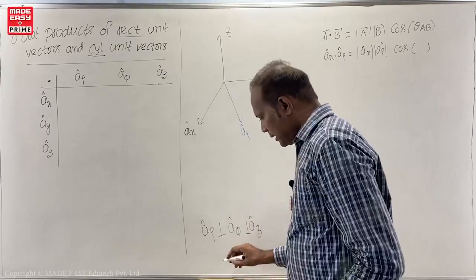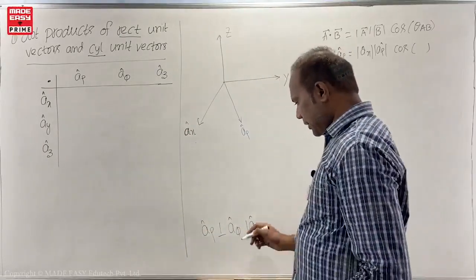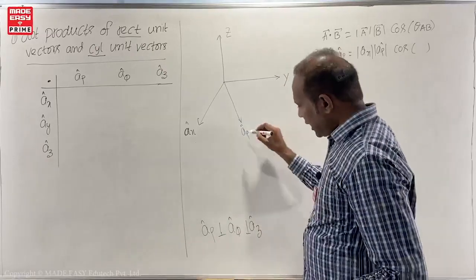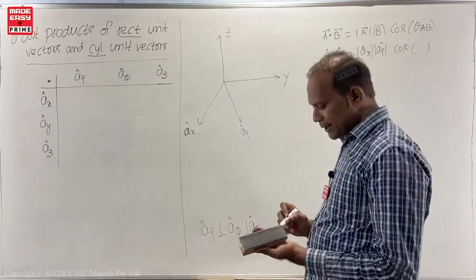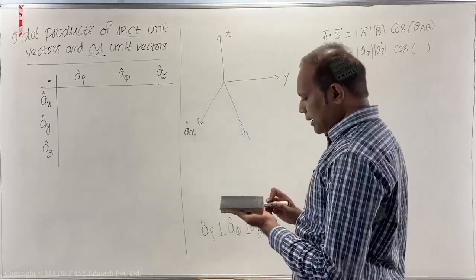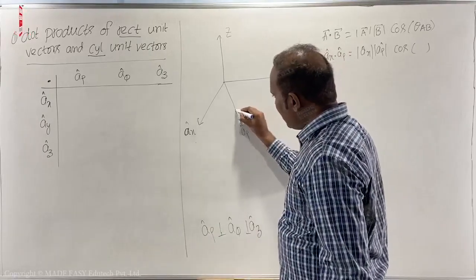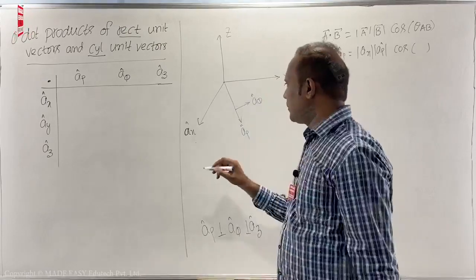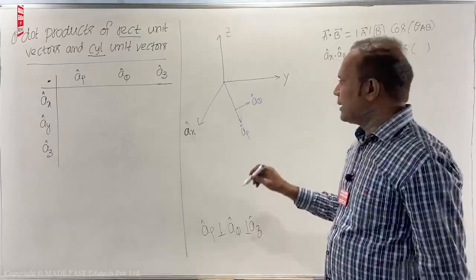Similarly, ax cap, ay cap and az cap are perpendicular to each other. What is the angle between a rho cap and a phi cap? That is 90 degrees, because rho and phi make 90 degrees.